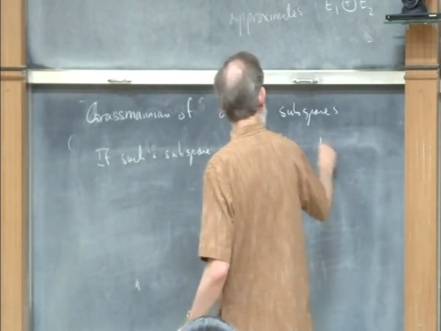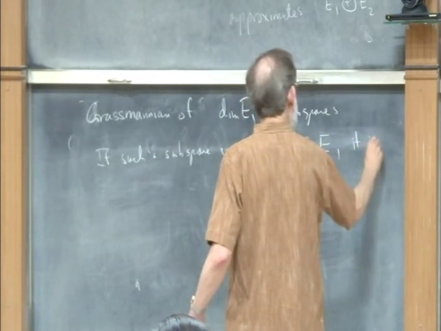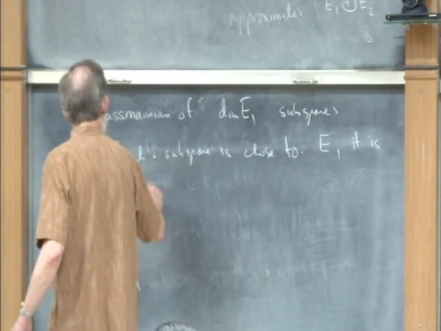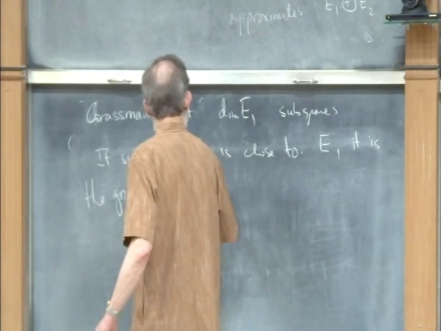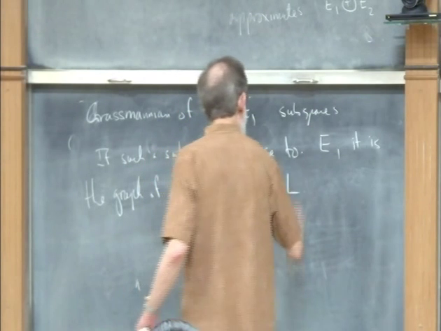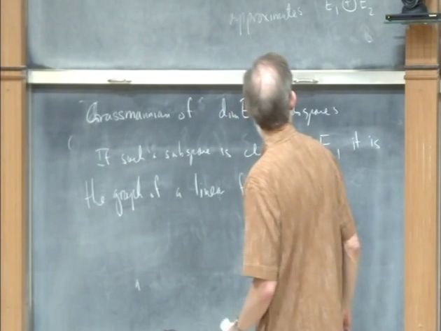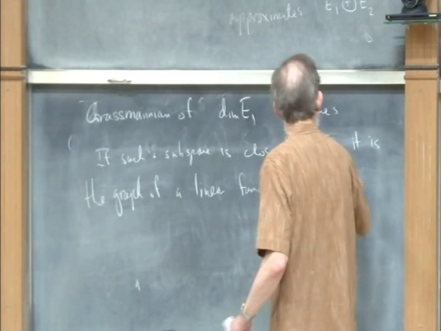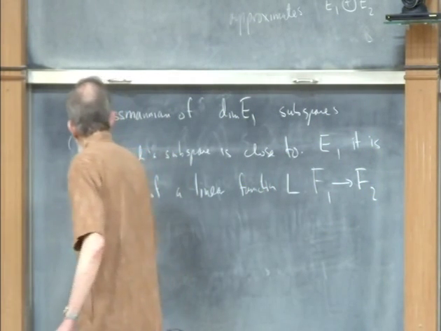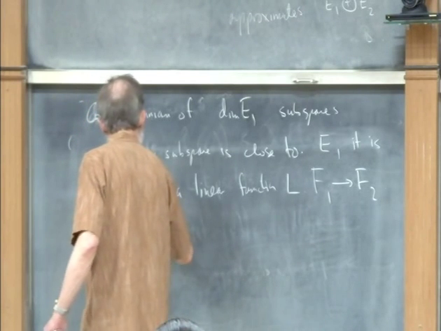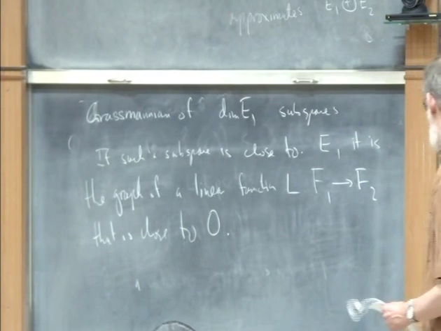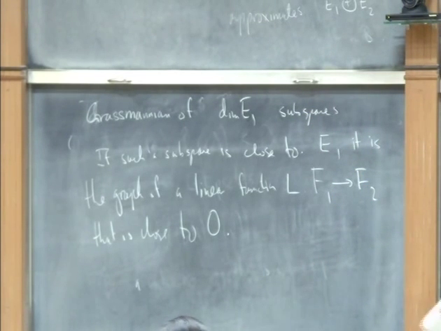Such a subspace that is close to E1 is the graph of a linear function L from F1 to F2 that is close to 0.